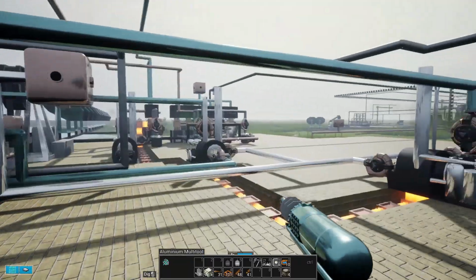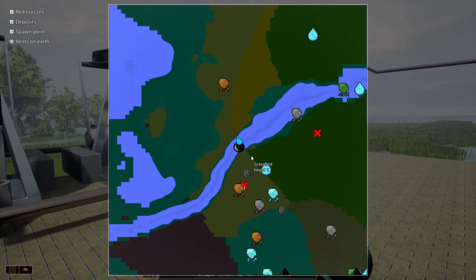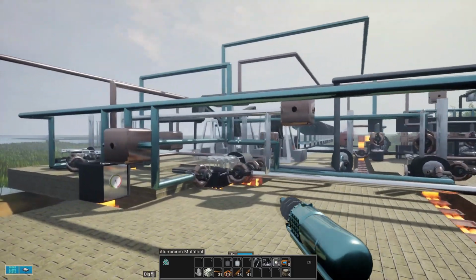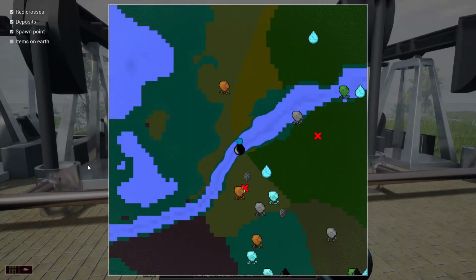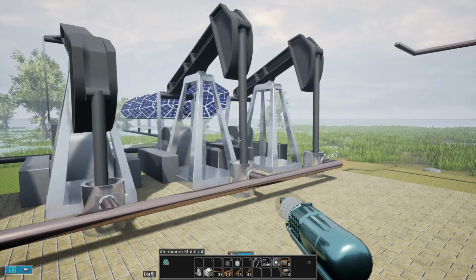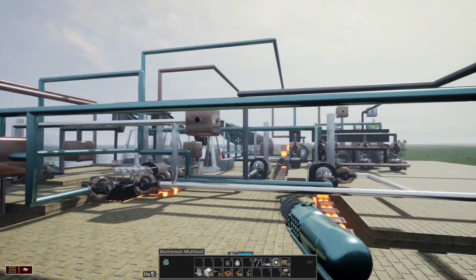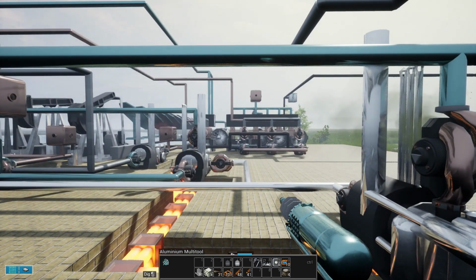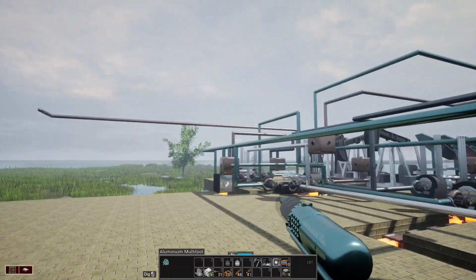So it's nice actually that I can't put any more pump jacks over here because I'm too far away from the oil reserve. So this will be for the factory, and this will be for the production of oil or hydrogen for the factory.